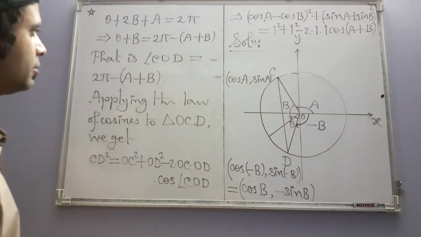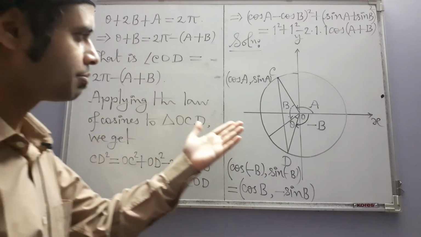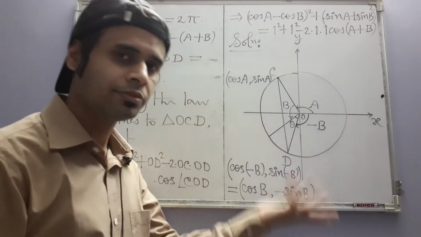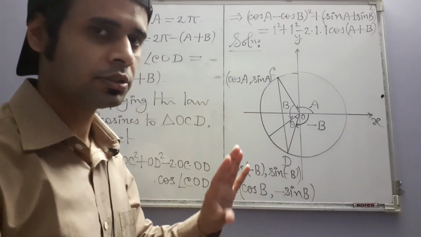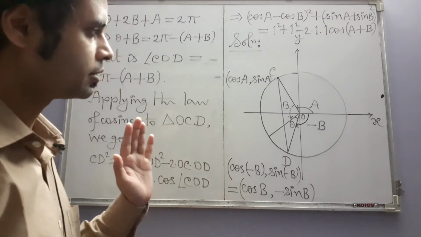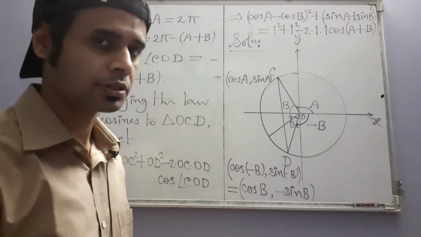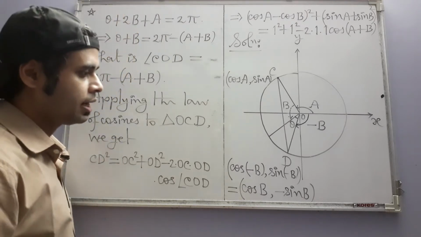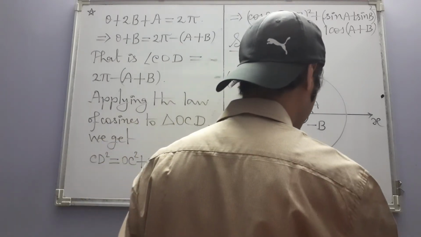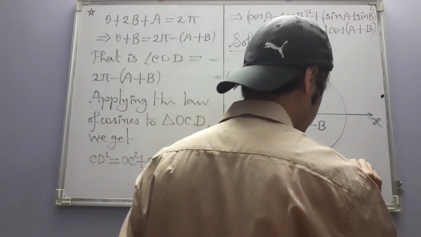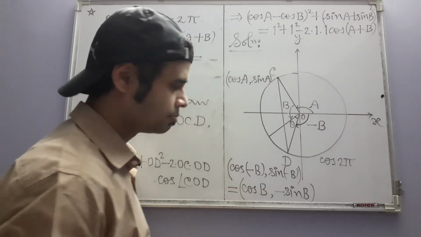where we are using the fact that cos 2 pi minus theta is cos theta, which is something that follows directly from the definition of cosine itself. You think of the geometric definition of cosine, that means its actual definition. There itself you will see why cos 2 pi minus theta is cos theta. And in fact, you can get that same conclusion this way also, because we have already said that we know cos minus b is cos b.